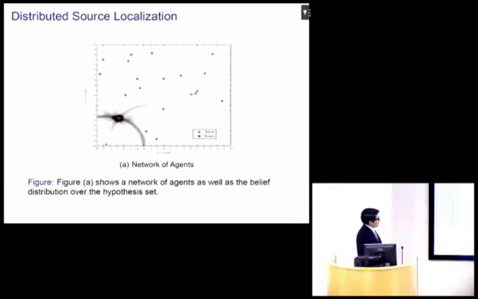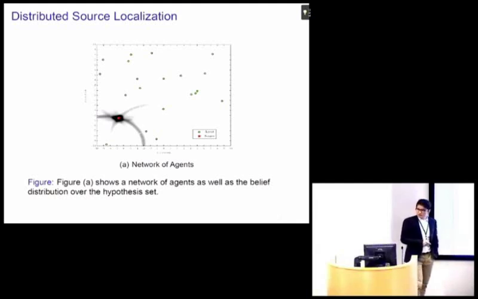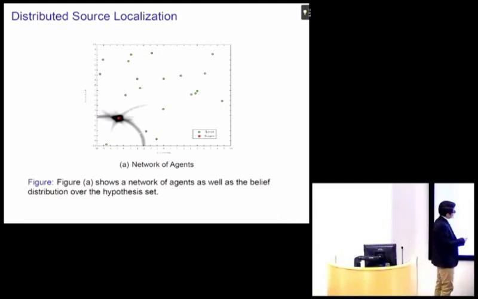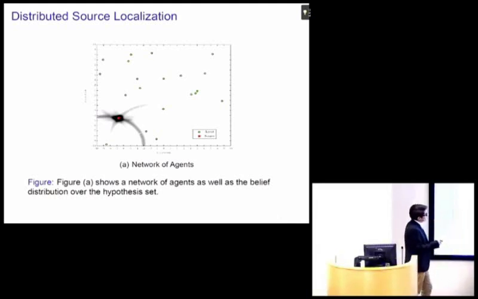So let's put a couple more nodes, and let's try to construct this type of probability distribution of where the source might be located. In this case, these gray shades are plots of the probability distributions, the beliefs of where the source might be located. The darker shades mean that it's more likely for the source to be in that position. So that's why we need more sensors, because we want to aggregate these joint capabilities.